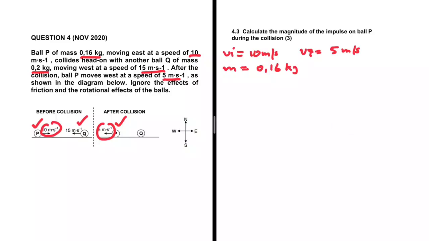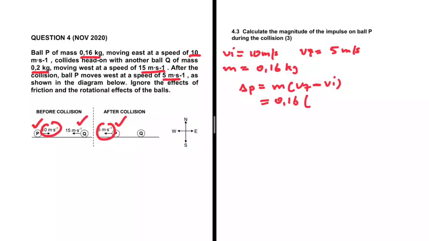So with this information, we can calculate the impulse. Okay, so the impulse delta P is going to be equals to the mass times VF minus VI, right? Momentum final minus momentum initial. We are just taking the mass as a common factor. So the mass is 0.16.